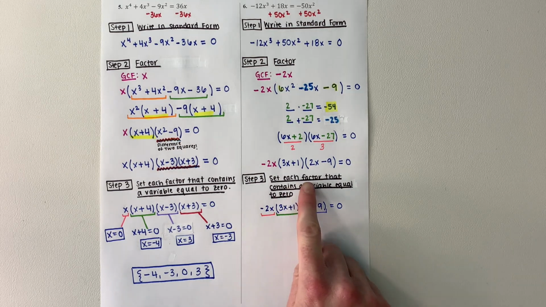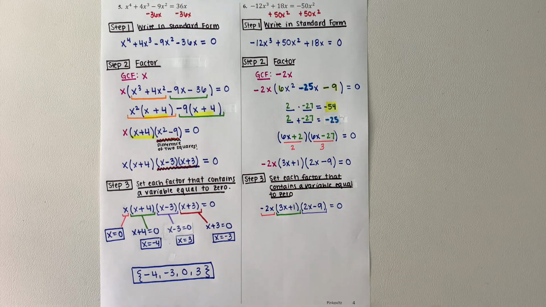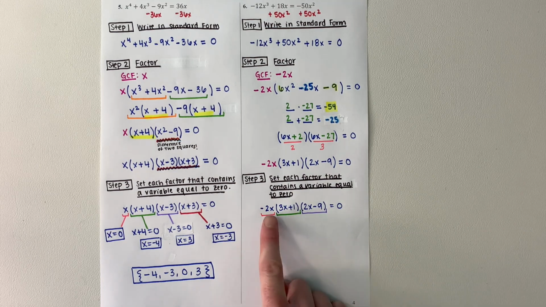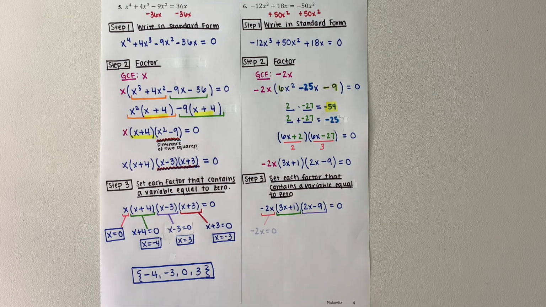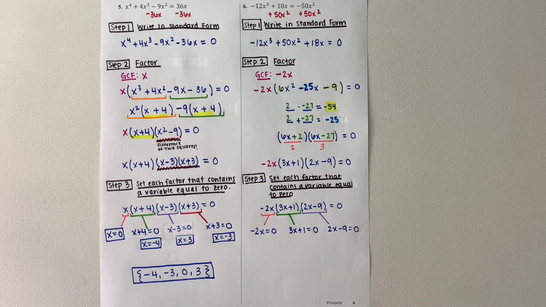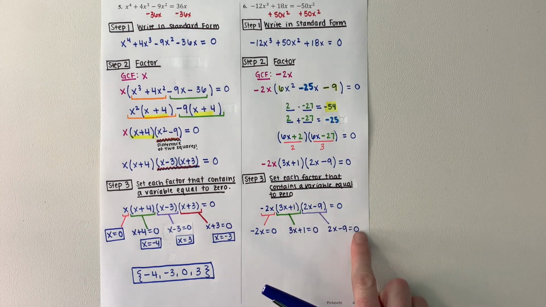Now we only set factors that contain a variable equal to 0. Do all three of these factors contain a variable? Yes, they do. Each factor contains the variable x. So we'll set the factor negative 2x equal to 0, we'll set the factor 3x plus 1 equal to 0, and we'll set the factor 2x minus 9 equal to 0.